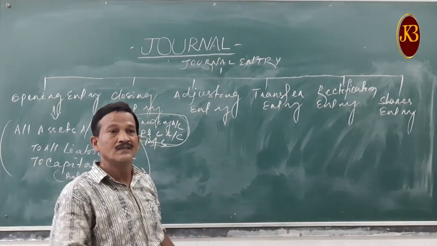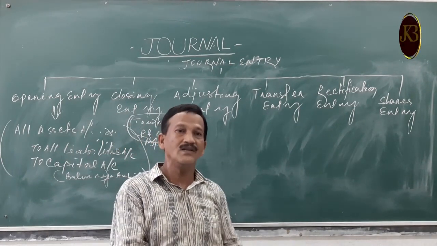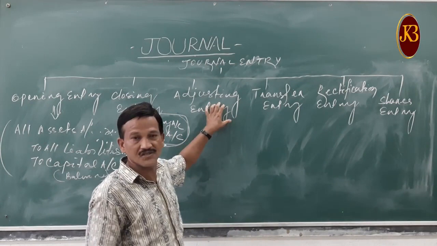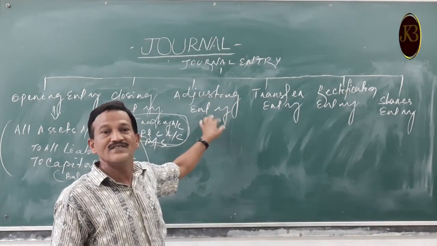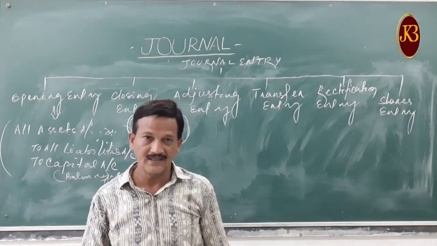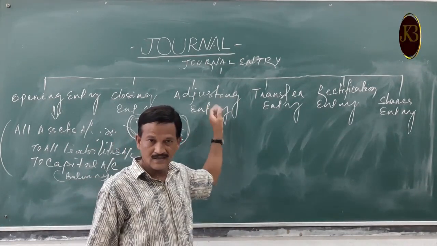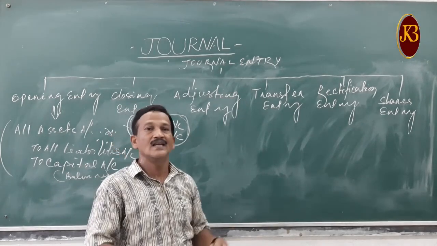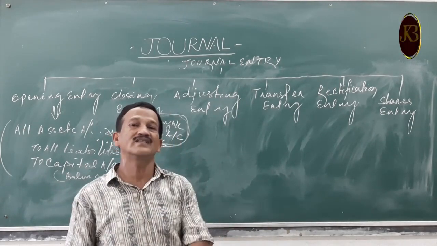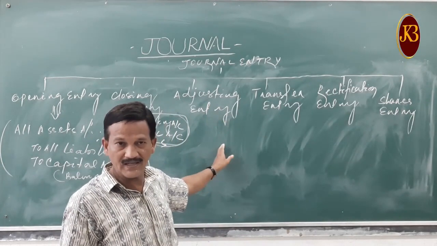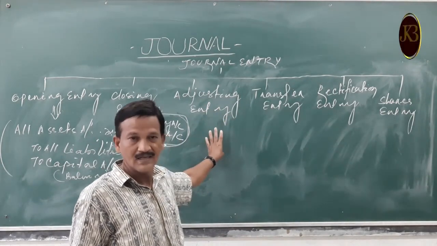If some transactions are for 11 months, some for 13 months, then we need adjusting entries. Suppose wages are paid for 11 months, 1 month is outstanding. One month's wages is to be adjusted. Likewise, rent paid for 13 months, 1 month paid in advance. That is prepaid rent, which is also adjusted.